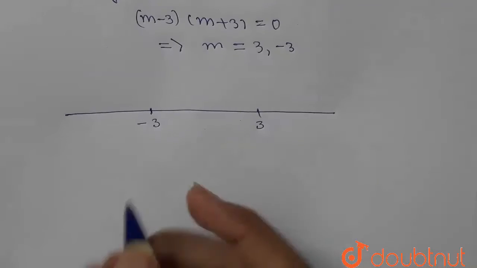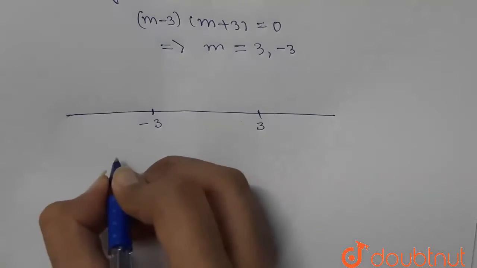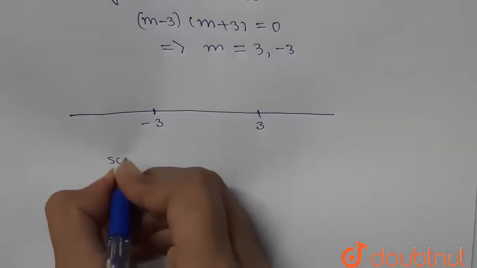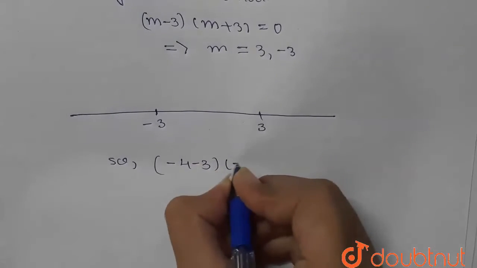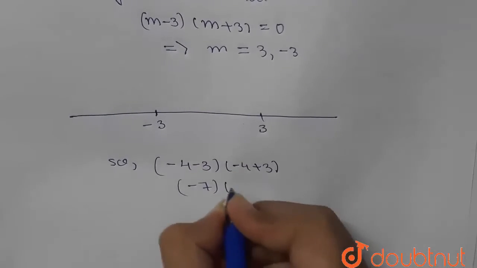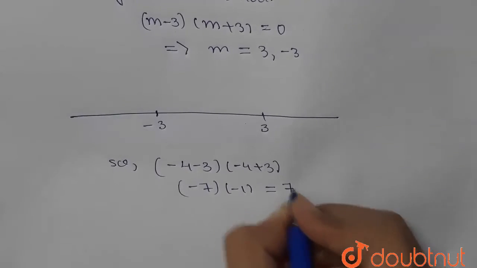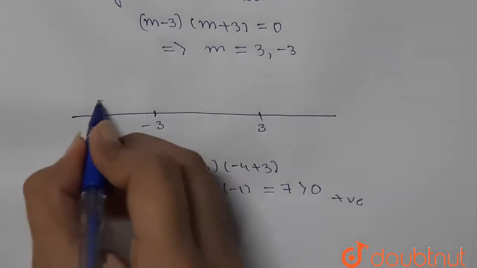Now if I take a value less than minus 3, say minus 4, and put it here, it will be minus 4 minus 3 into minus 4 plus 3, that is minus 7 into minus 1, which is equal to 7, greater than 0. That means we are having positive here.